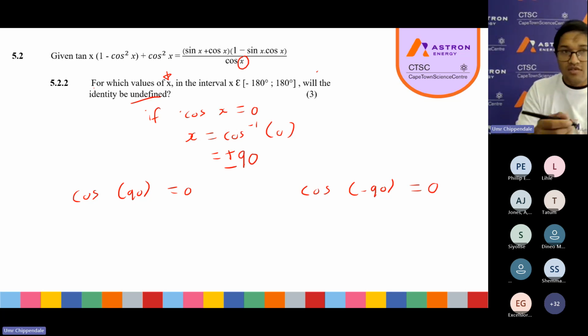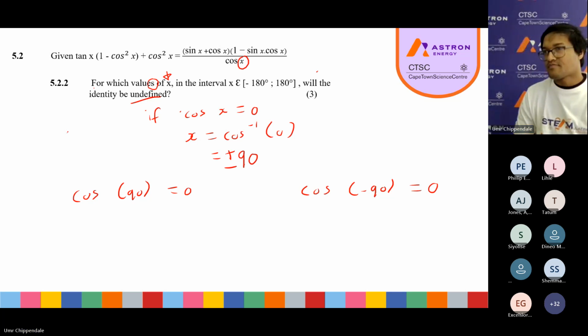So, which values of x, they even gave you a clue there, it's plural, in the interval will give you this: cos of 90 and cos of negative 90. So this is how it's going to be. When x is 90, that's correct.